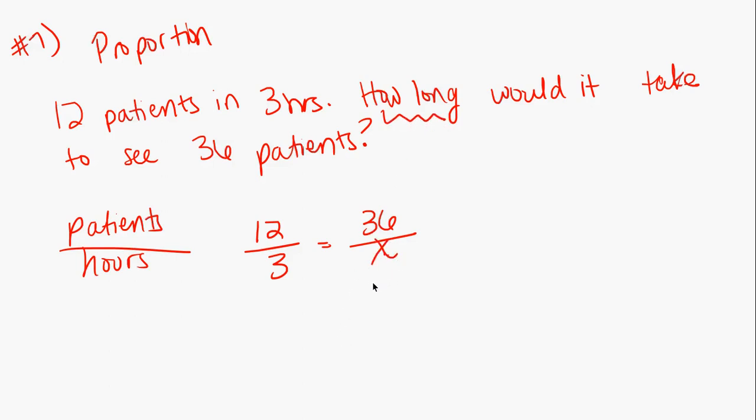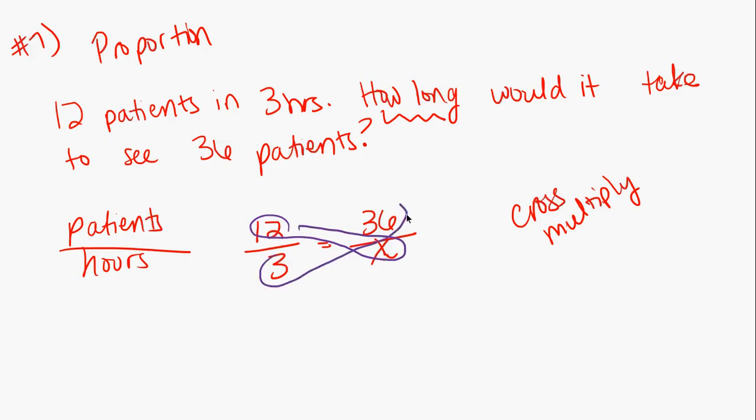So we put x there. So now in order to solve this, we're going to do what's called cross multiply. So we multiply the diagonals. So we multiply the 12 and the x, and we multiply the 3 and the 36, and then that allows us to solve.